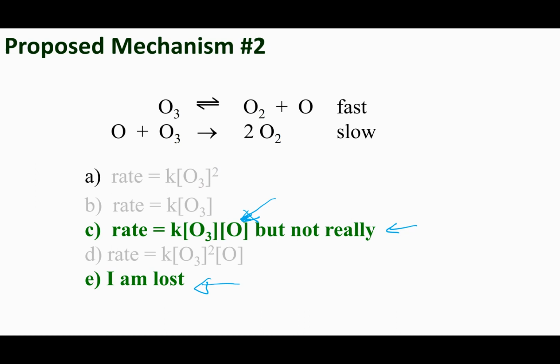So you cannot have an intermediate inside your rate law. So how do we get around this? Let's think about what's happening here and think about that this was a fast equilibrium. What we said is that the rate should have been K2 O3 times our intermediate O.